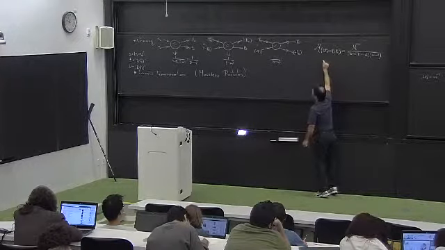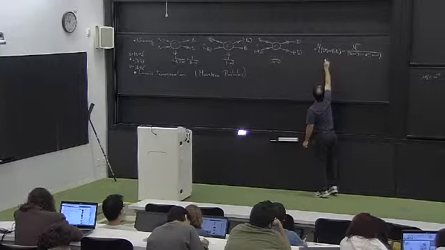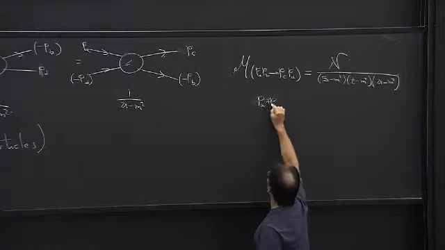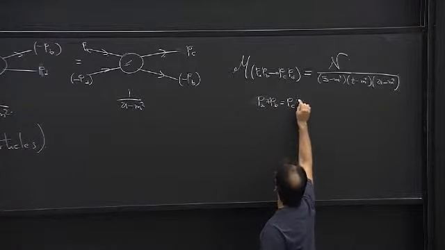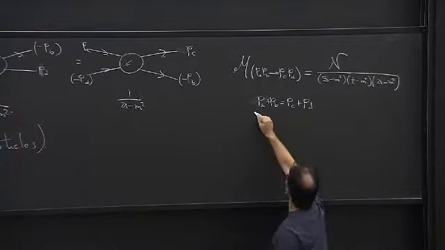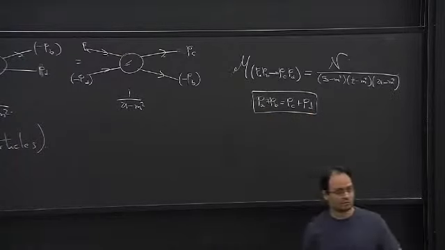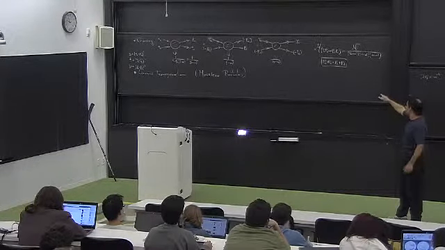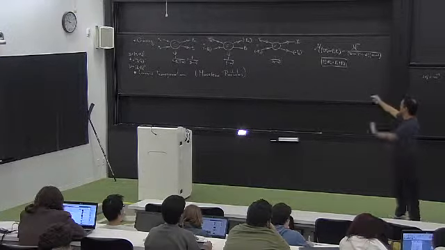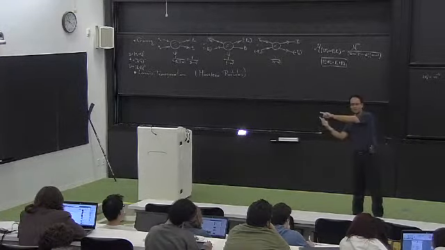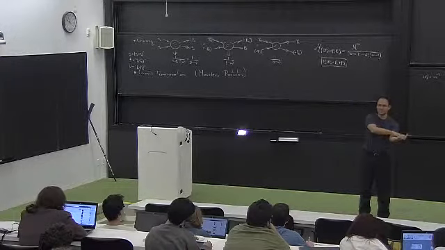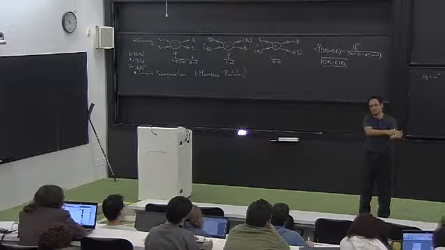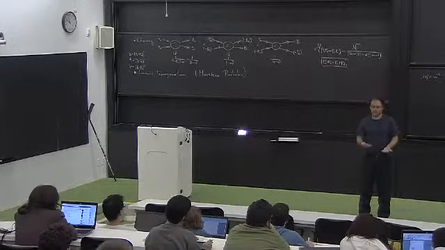So this must be true. Okay? And you can see that given that this relation is true, if I pass A and B to that side and C and D to the other side, I don't learn anything new. I only learned that there is a pole in 1 over S, but I knew that already.